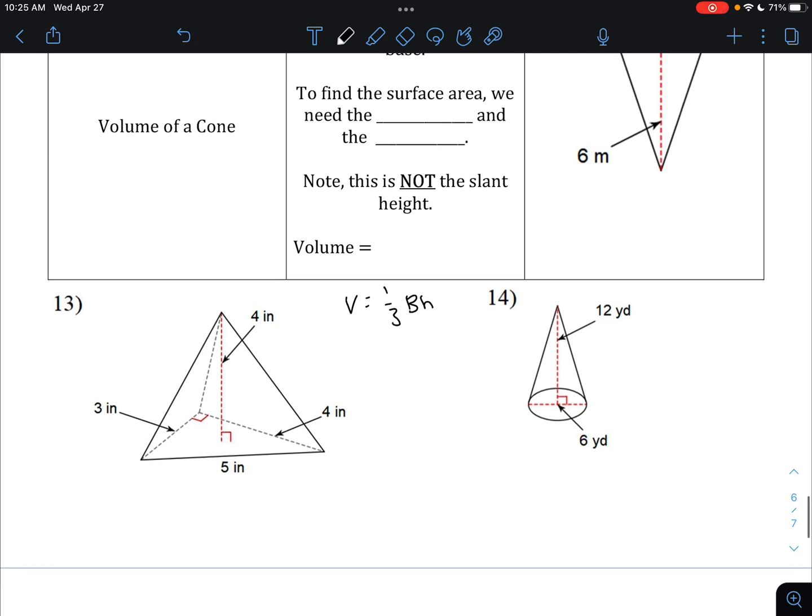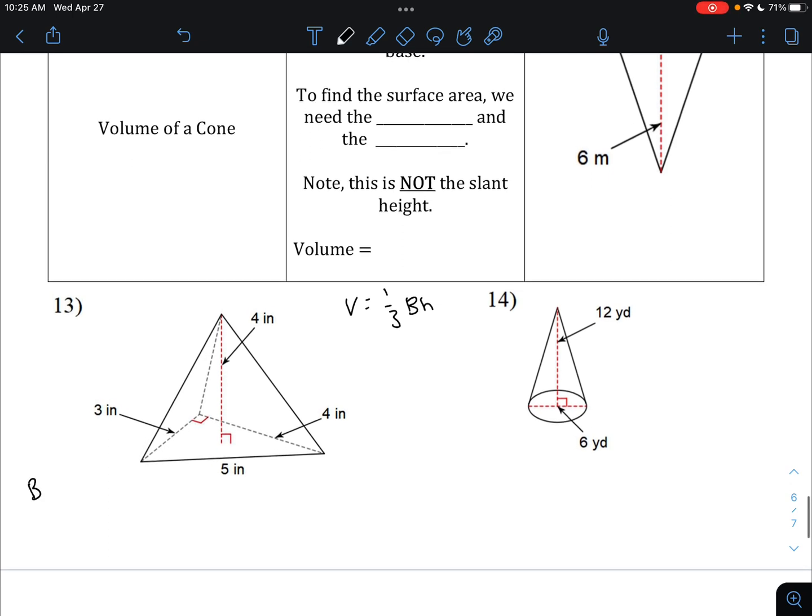We still find the area of the base, and that's 1/2 of the base of the triangle times the height of our triangle. So that's the base of our triangle, not the total base. So we know the base of our triangle is 3, and the height of our triangle is 4. It doesn't really matter which one's which. We just know that the base and height are perpendicular. So you just pick those two perpendicular sides.